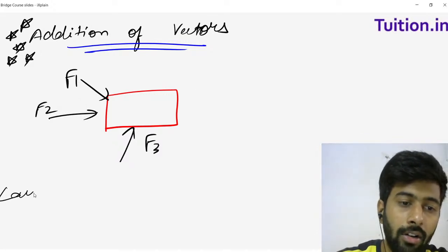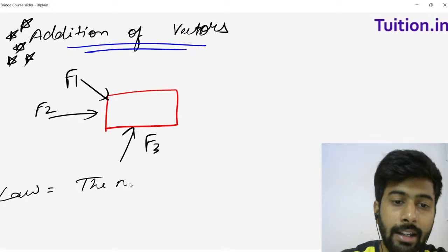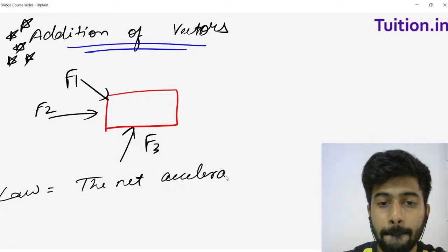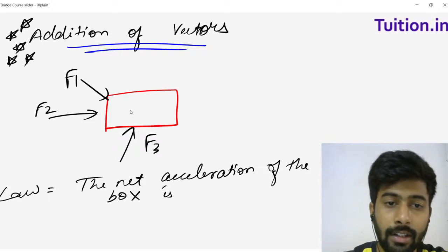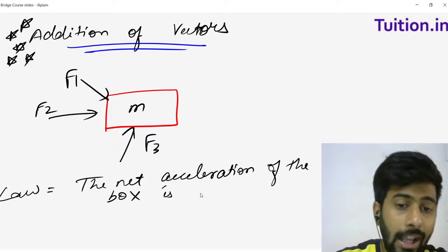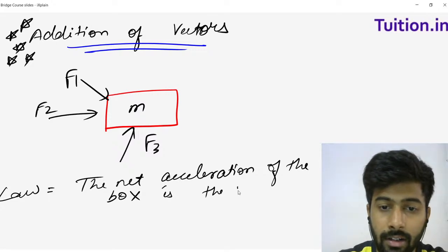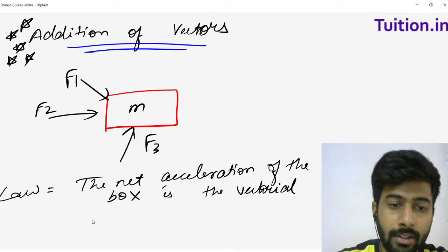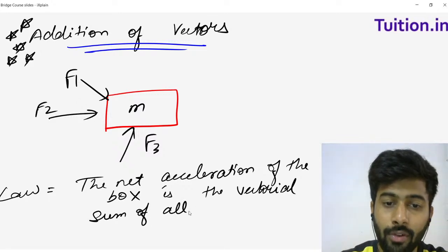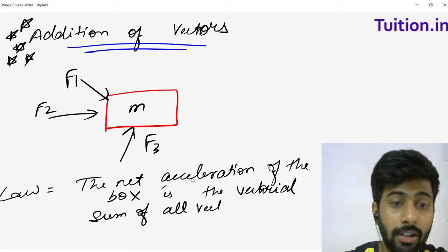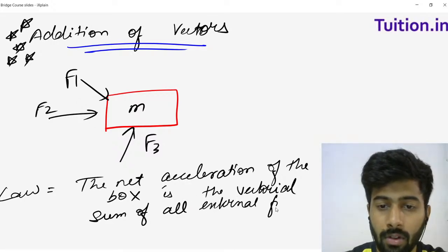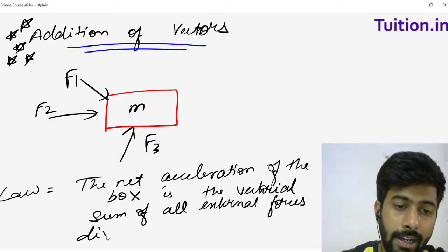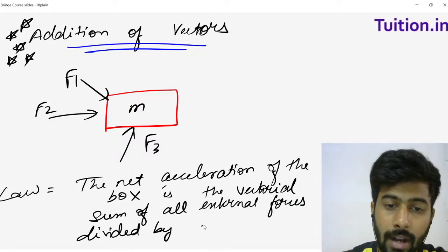And you will study a law which will say the net acceleration of the box, let's say the mass of the block is m, is the vectorial sum of all external forces divided by the mass of the object.